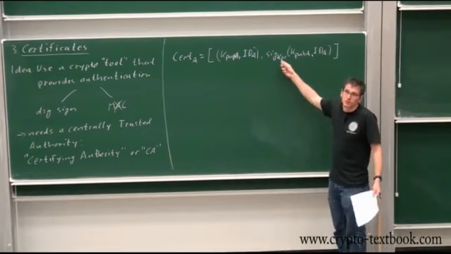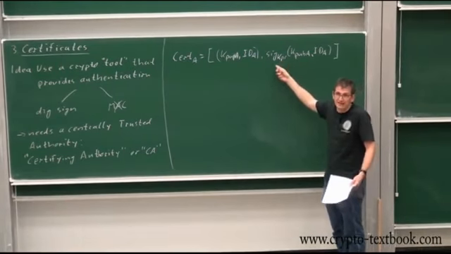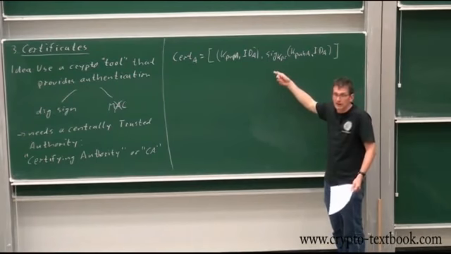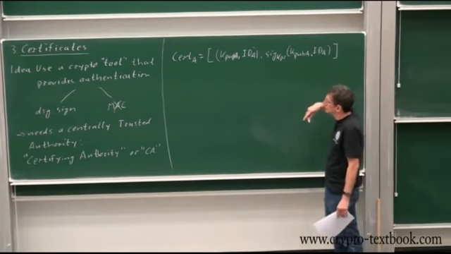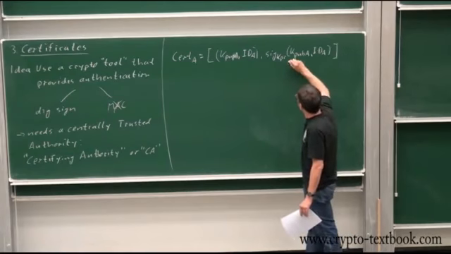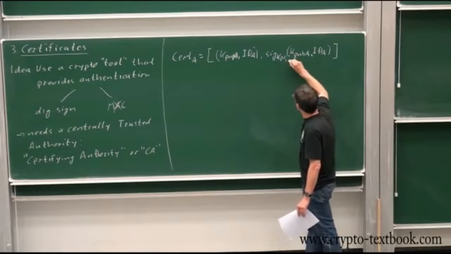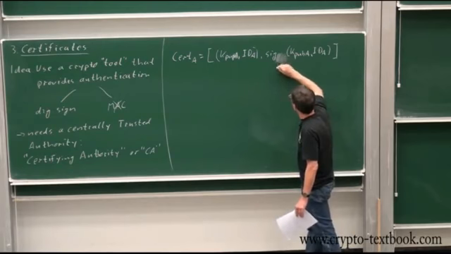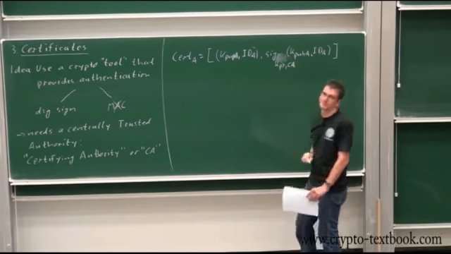The question is who computes it, who is allowed to compute this digital signature. This is K private, for people who like indices, comma CA.